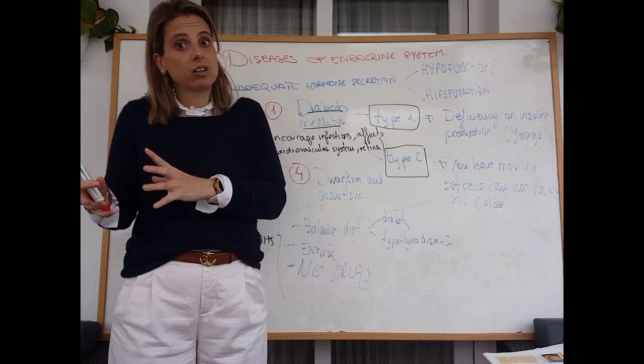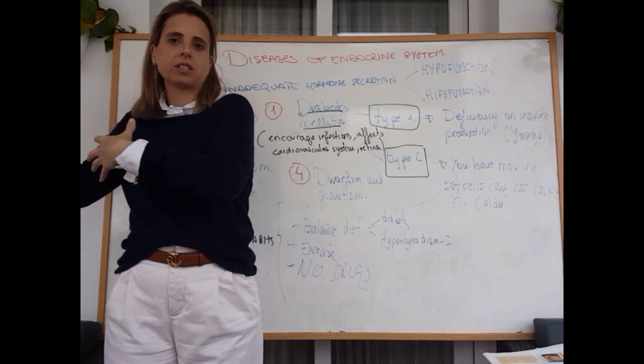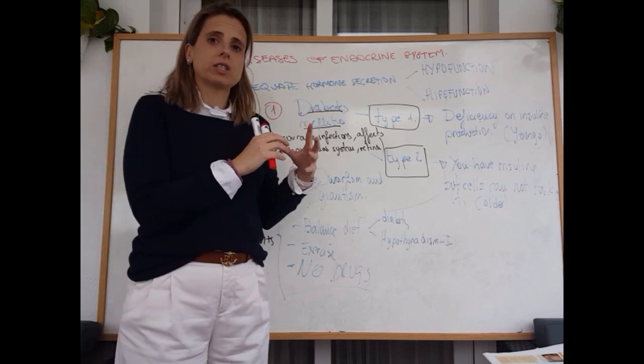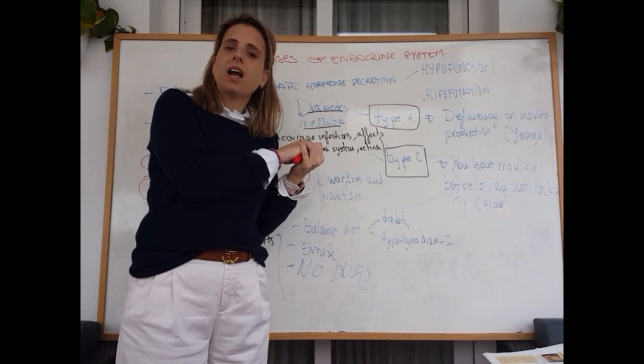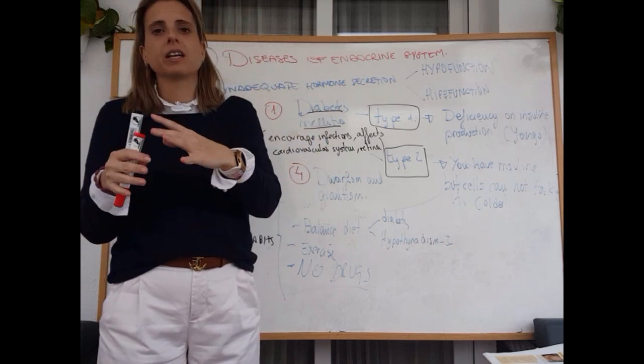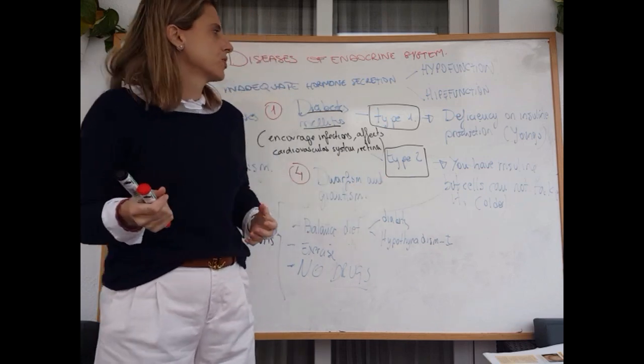Glucagon was the other hormone, and it has the opposite function. It's going to take the glucose from the cell and put it in your blood, in your blood vessels, of course.